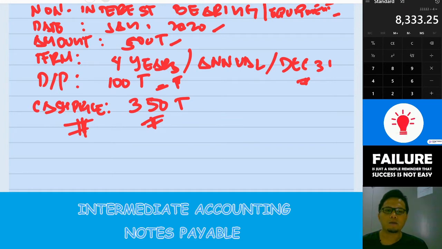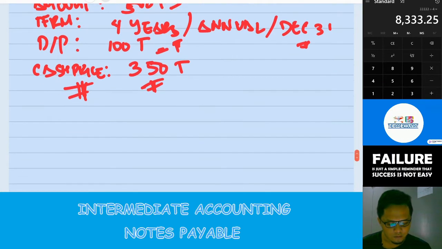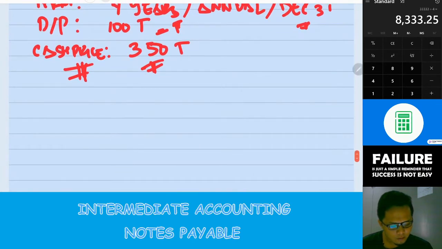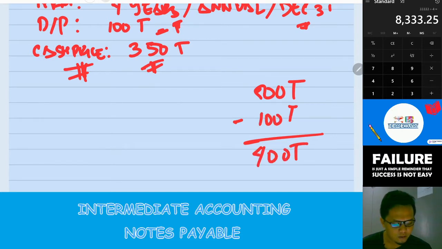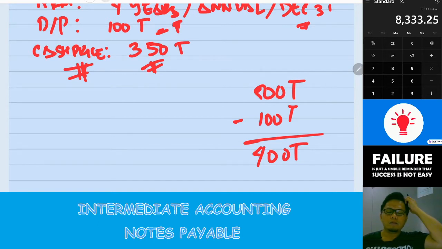So the first thing is to compute the remaining face amount. Obviously, the computing is easy: we started with 500,000, then there is a down payment of 100,000, so we have a remaining amount of notes payable of 400,000. But do not be confused.